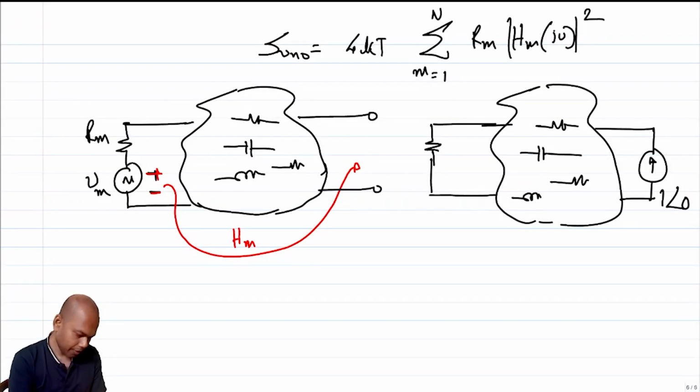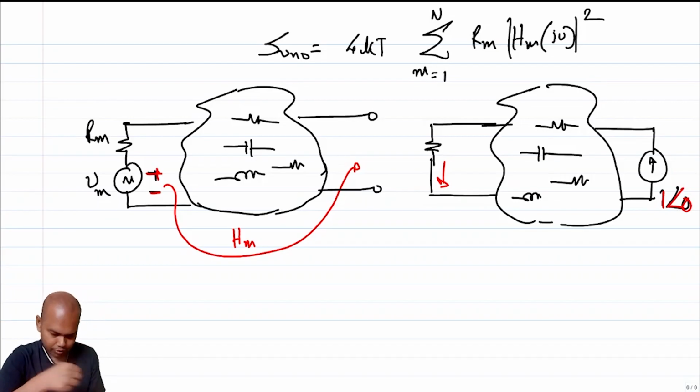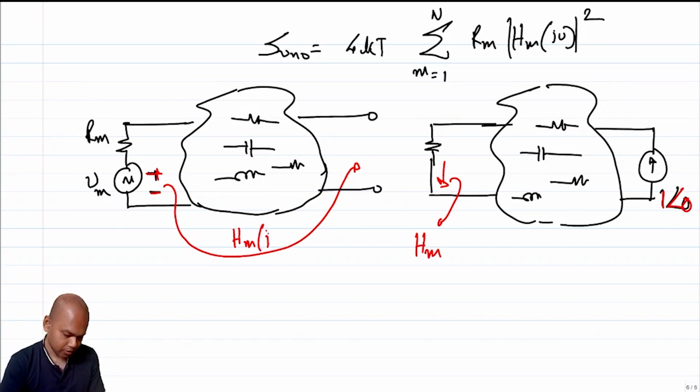The current that I am going to see here, going from top to bottom, is also equal to Hm, right? So this is by use of reciprocity.